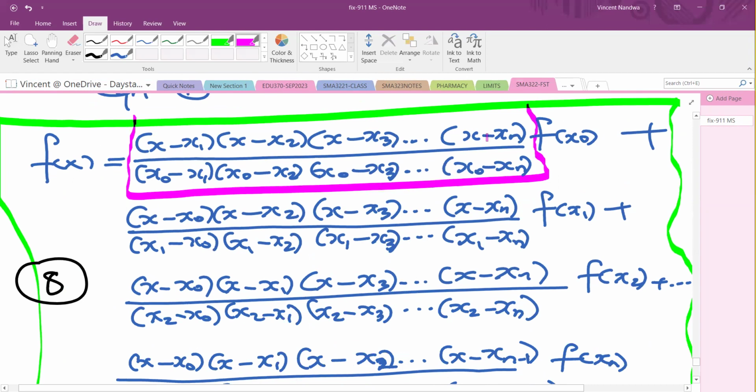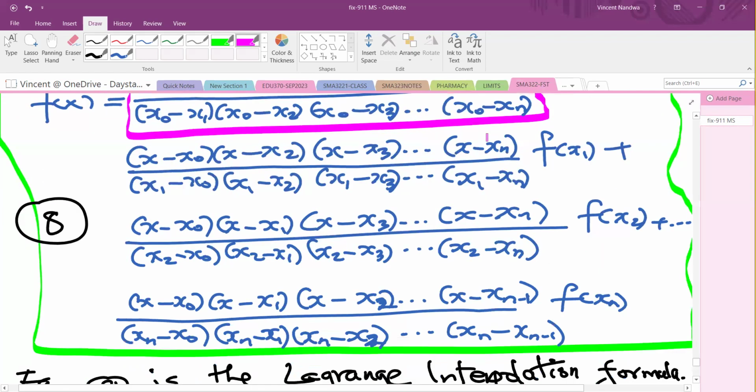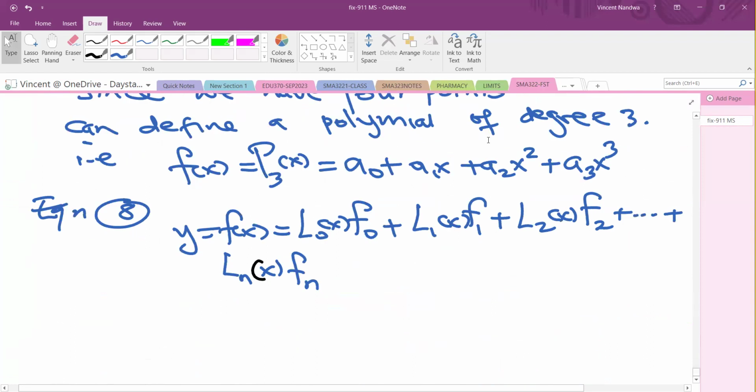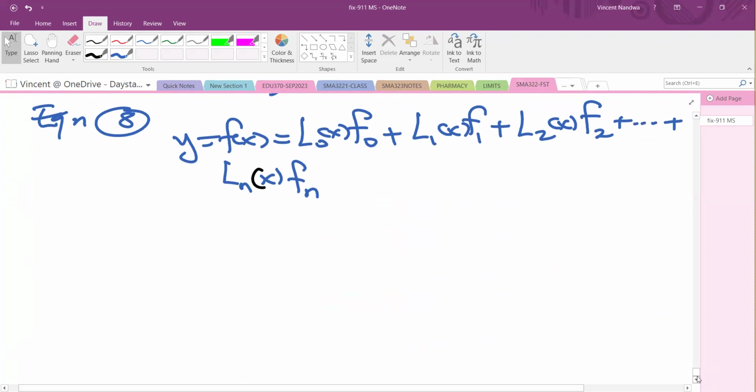If ours is degree 3, how many such brackets do I need? 3. So x minus xi, x minus xi plus 1, x minus xi plus 2. When I open the brackets, I'll have 3 x's giving me up to x power 3.